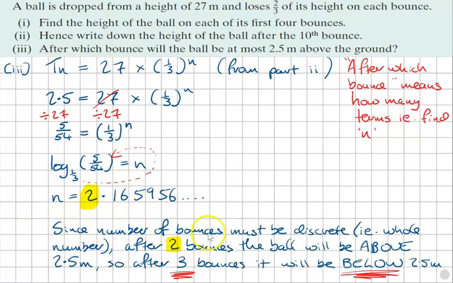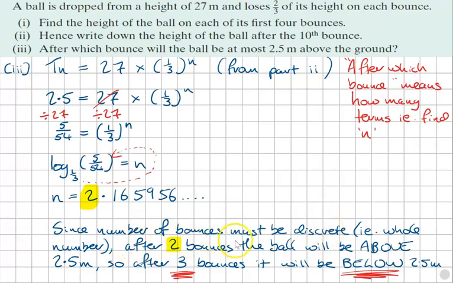So since the number of bounces must be discrete data, so discrete meaning a whole number, you can't have 2.16 terms, you can't have 2.16 bounces, it doesn't make sense. Just like if you had a classroom, you're going to have 30 desks or 31 desks, you're not going to have 30.16 desks, for example. So it has to be discrete data.